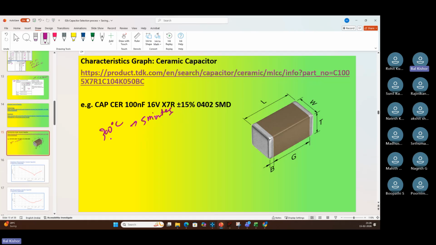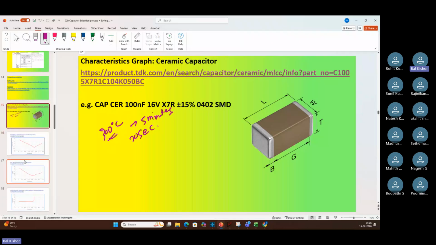Even if you do manual soldering, it takes maybe 20 seconds. You won't be applying 300 degrees centigrade for more than 10, 20 seconds. You'll immediately remove the tip, right? So this is how it is safe.